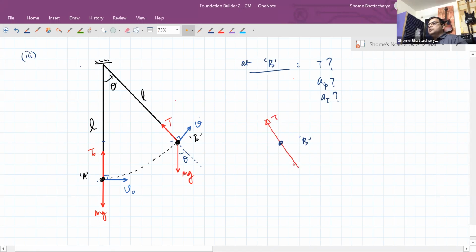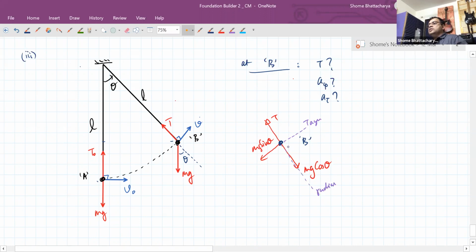So tension, mg cos theta, mg sin theta. Okay. So this is our tangential axis, this is our radial axis.